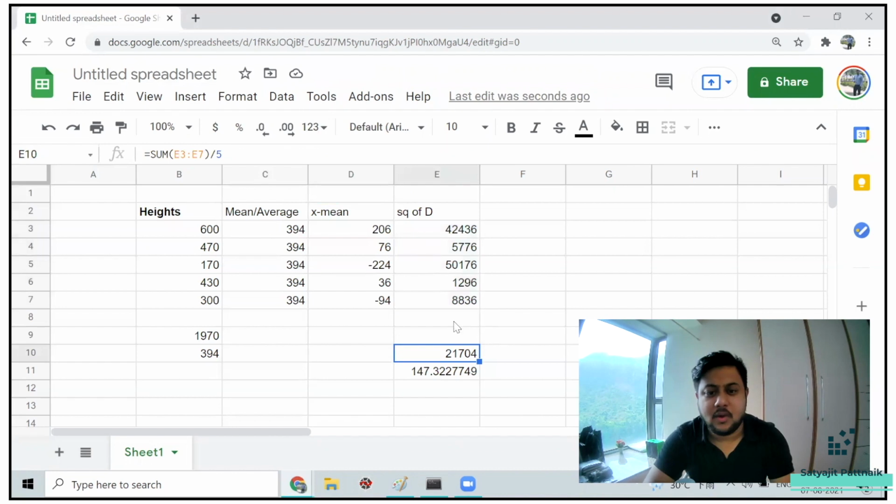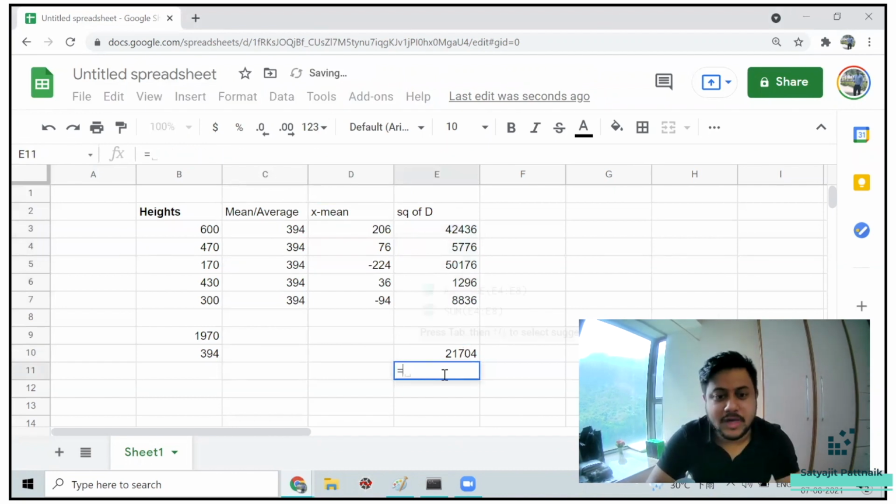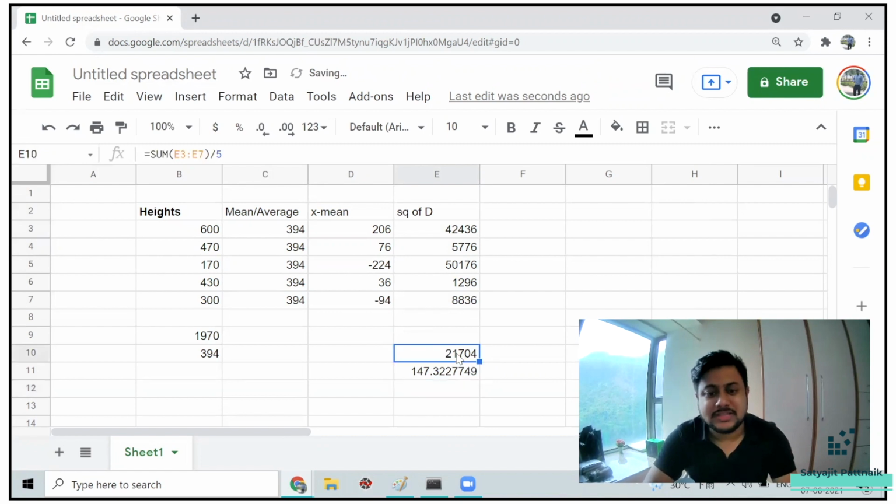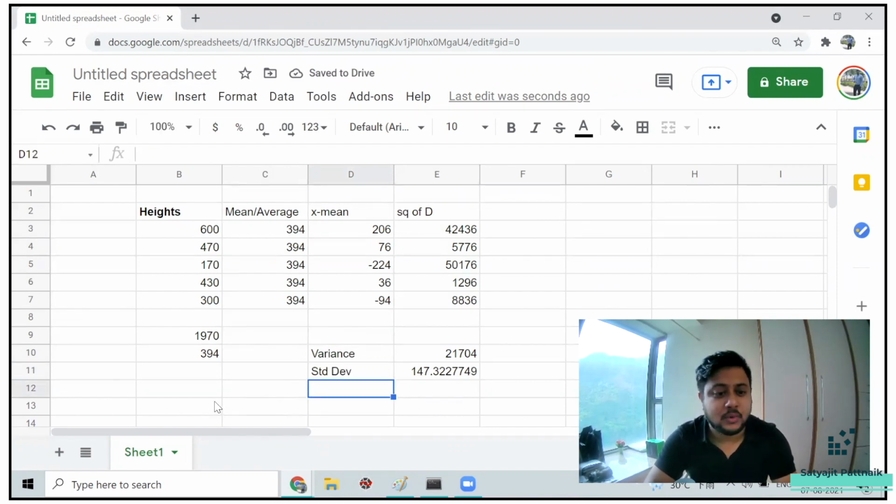After summing up, I have taken the square root of this value. So this is my variance, and this is your standard deviation. If you want to calculate standard deviation using Excel, how to do that?